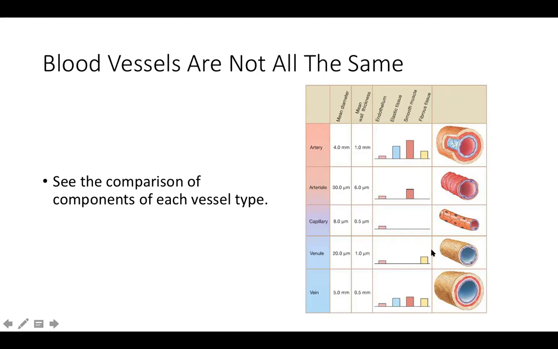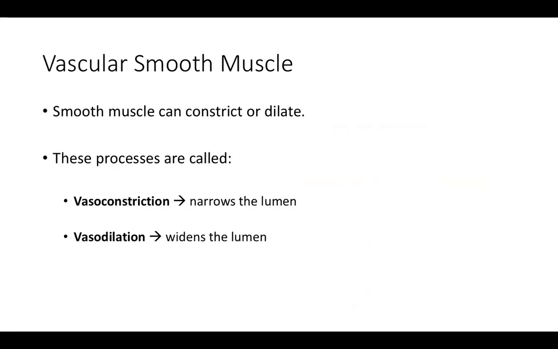The endothelium of a blood vessel is really just a single layer of thin cells that covers the lining of the blood vessel. We're going to go through each type of blood vessel and talk about their components. One thing to keep in mind is that the smooth muscle within these blood vessels can either contract or relax.